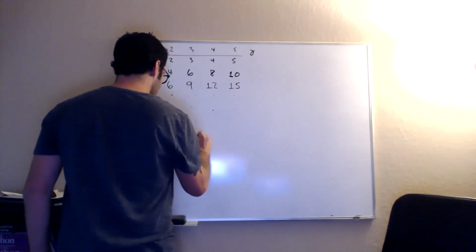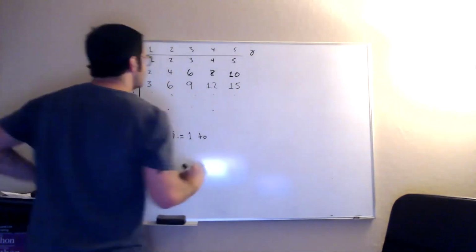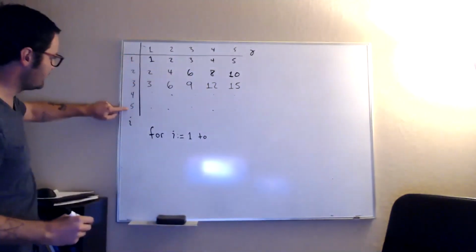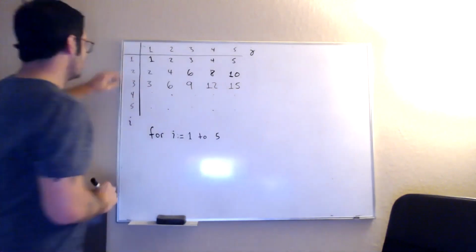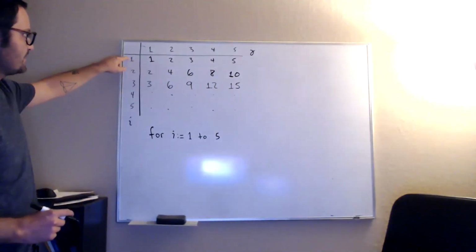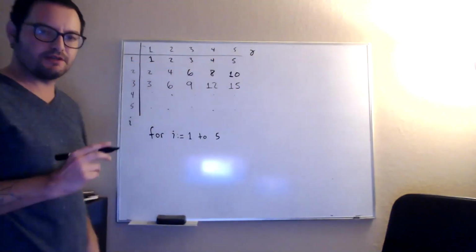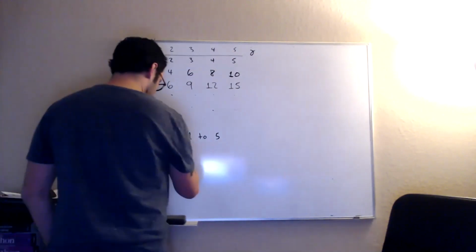equals 1 to 5, so we pick our I, and then we get to scroll all the way through J now. So we're going to have the second for loop here.